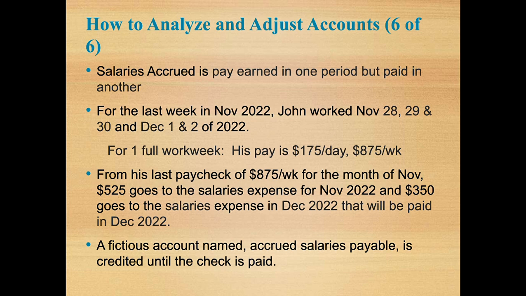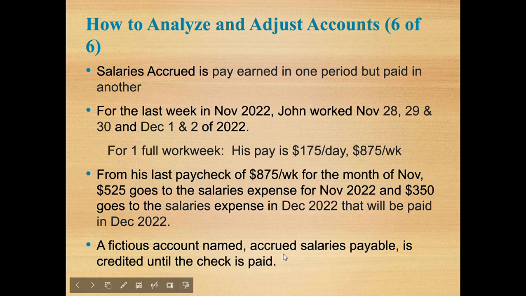So when we debit the salaries expense, we're going to credit this fictitious account for accrued wages, where we're saying we're going to have that liability because we're not paying it until December. We'll do another entry later to reverse it.